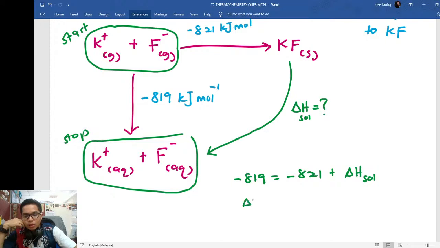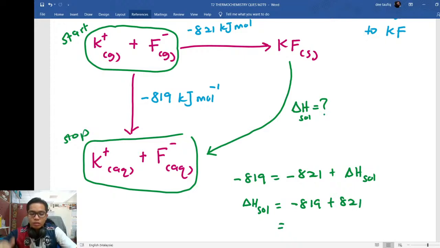So delta H solution is equal to negative 819 plus 821.